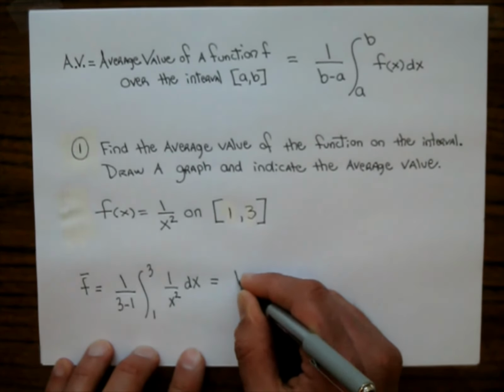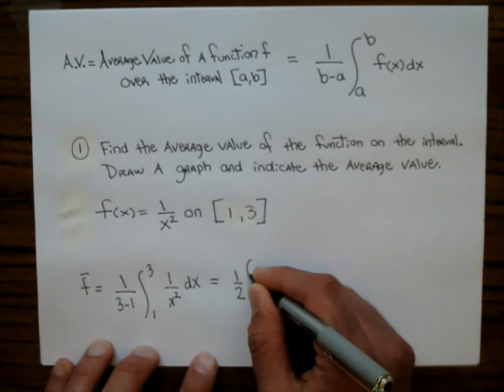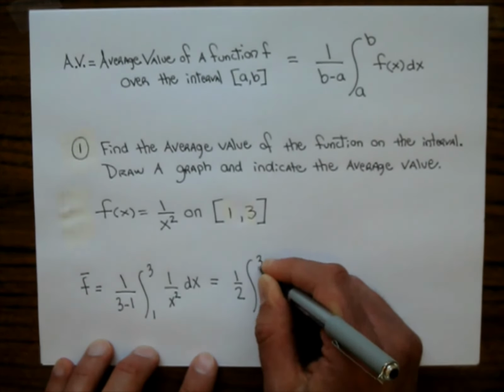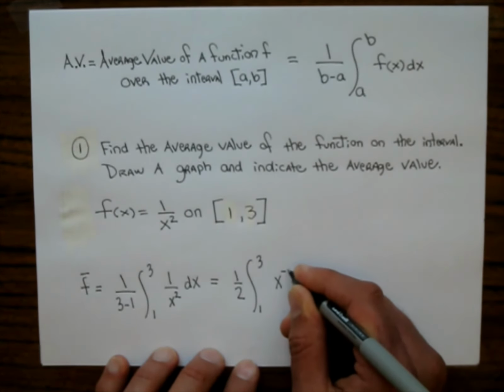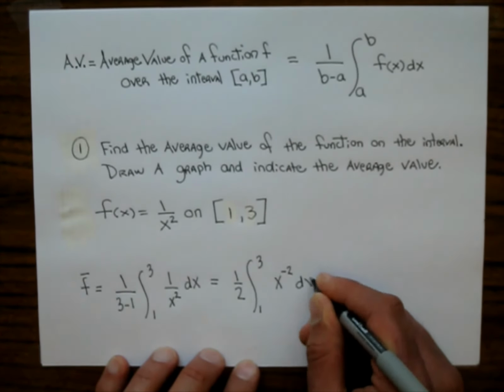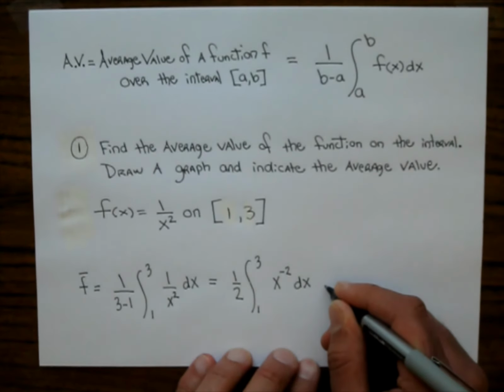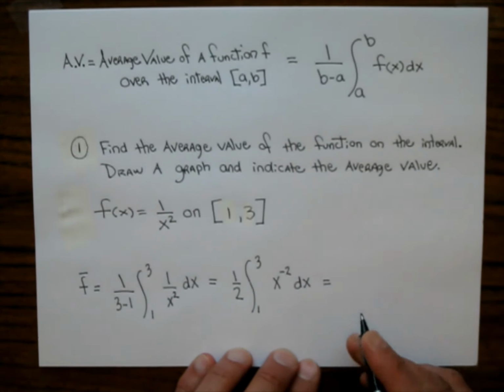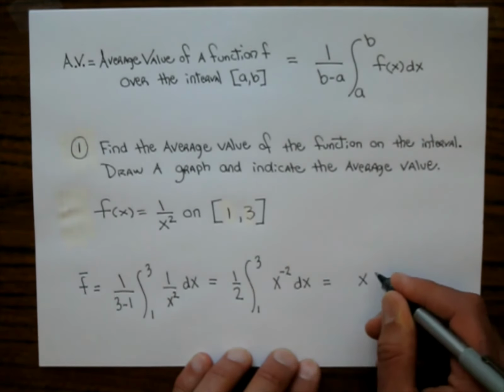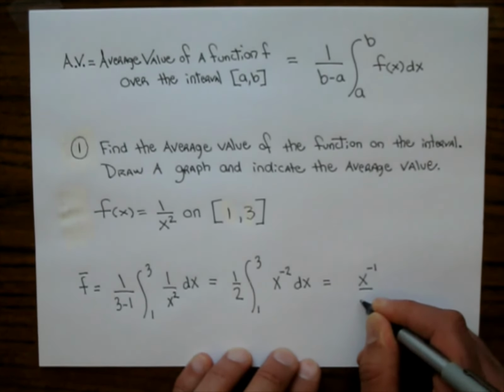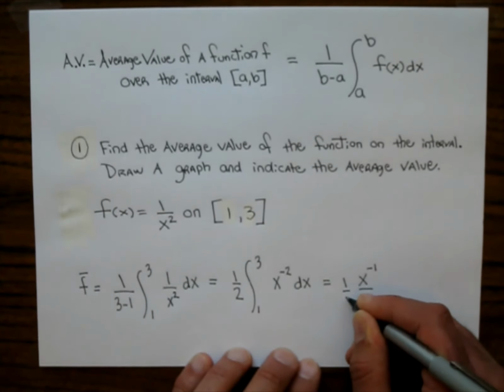Okay, so we have 1/2 out front. We're going to rewrite the integrand so it's something that we can take the antiderivative of. This is x to the negative 2 dx. And then what are we going to do? Well, then we're going to take the antiderivative. This is x to the, add 1 to that exponent, negative 1, all over negative 1, and then we have the 1/2 out front.